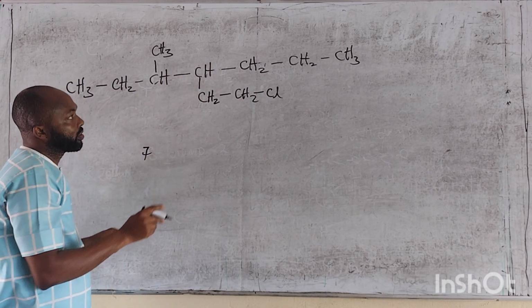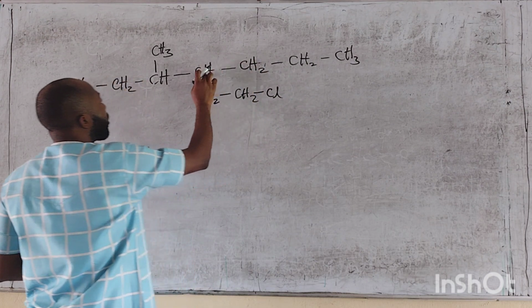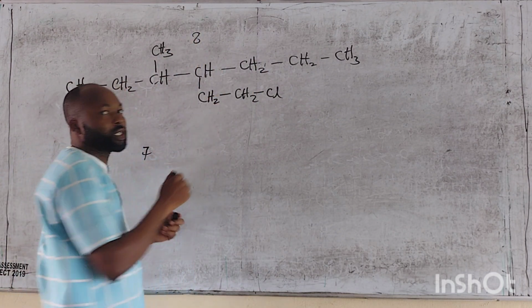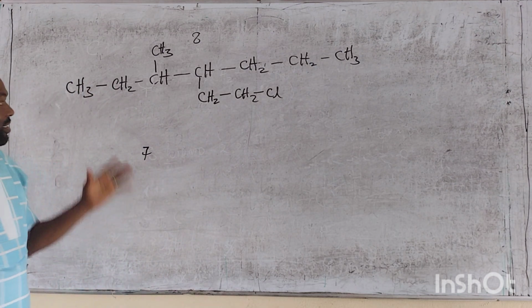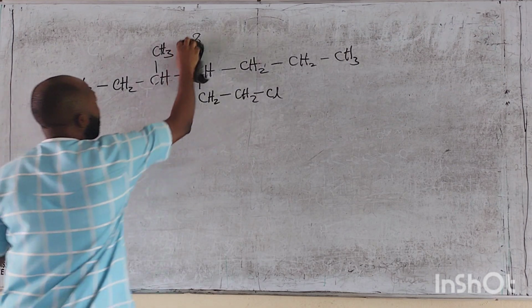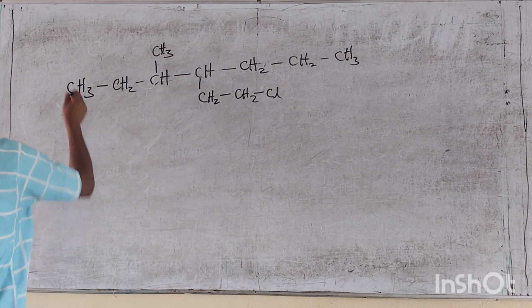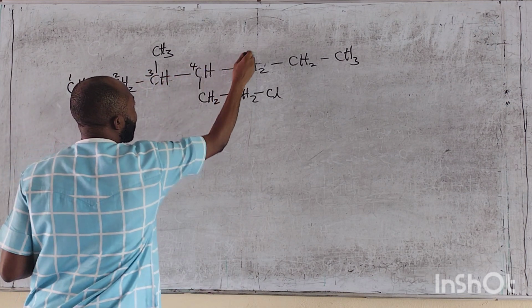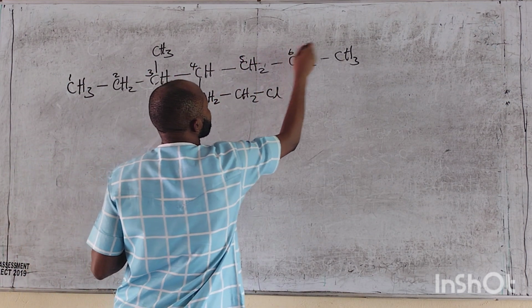Am I right? Yeah, 1, 2, 3, 4. 4 and 5 will give me 8. So the counting must start from here because the lowest possible locant comes from this direction. Am I right? So that's number 1. We have identified that. So now this becomes 1, 2, 3, 4, 5, 6, 7.